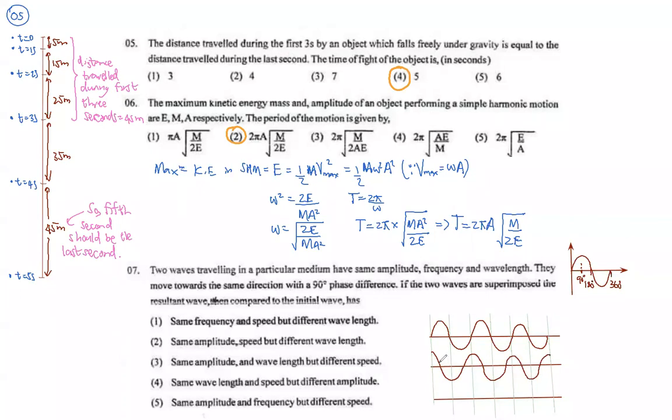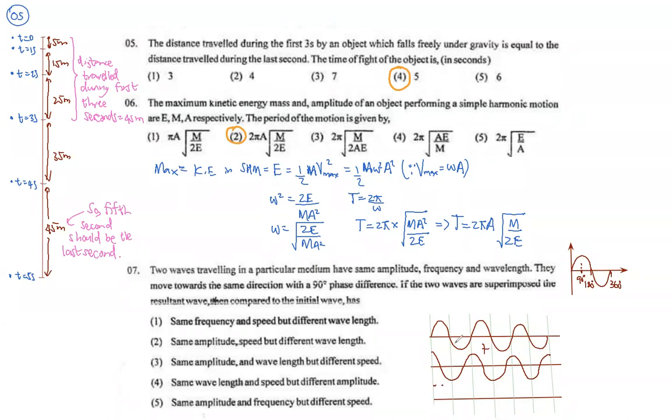Correct? Then I have to add them both. Now see here, when I add them both, these two added, you will get the final result. Here we have a maximum amplitude, and here again a maximum amplitude.